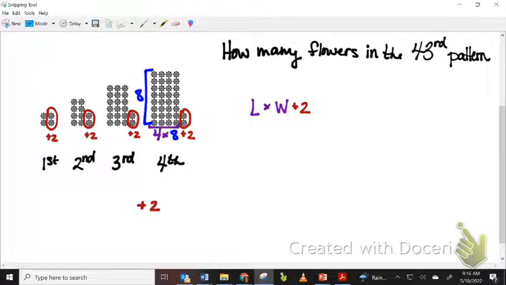What about for the third one in the pattern? 3 times 6. Yeah, 3 times 6 plus 2. What about this one? 2 times 4. Mm-hmm. Plus 2.